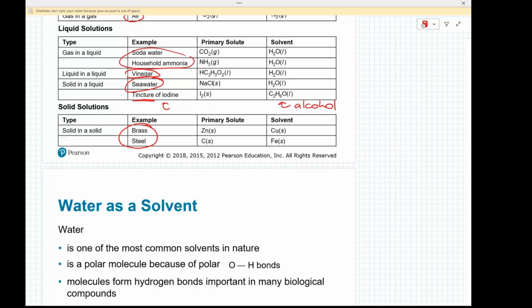You didn't know that steel is a solution? And actually, I can give you an idea. Think about something that's made out of steel. It is pretty strong mechanically, right? And it also has a certain degree of flexibility.